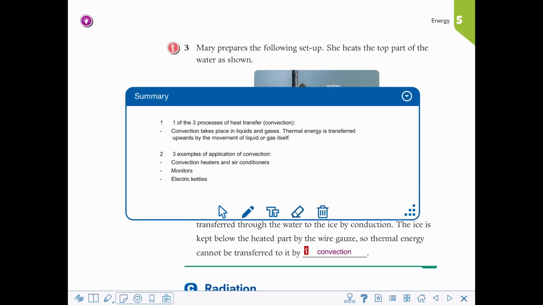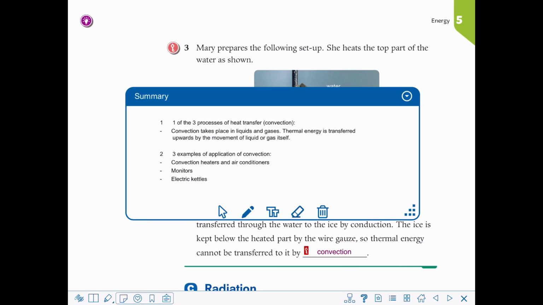Summary. We have learned one of the three processes of heat transfer, convection. Convection takes place in liquids and gases. Thermal energy is transferred upwards by the movement of liquid or gas itself.